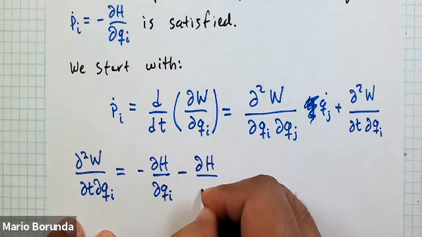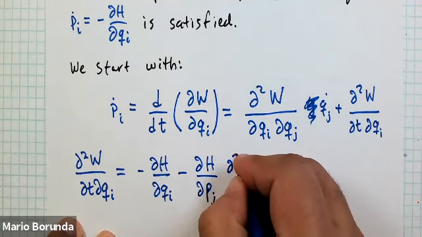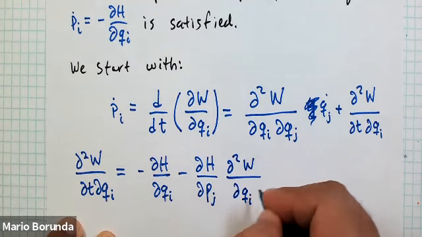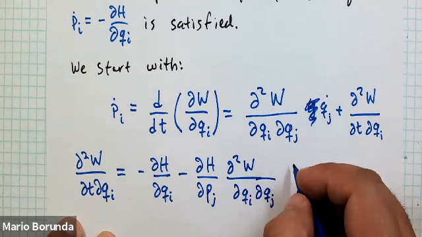Remember that the Hamiltonian depends on p, qi, qj.